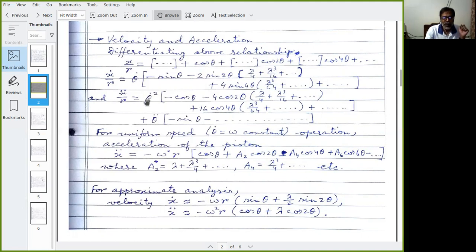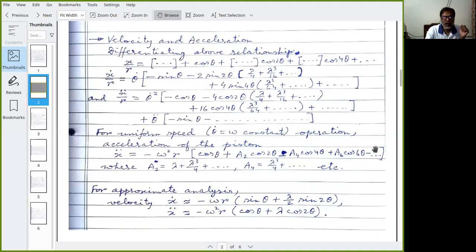And here you put omega square and get this r on this side. You take minus common outside: minus omega square r cos theta plus 4 times whatever for the A2. Then since we have taken minus outside, this plus will become minus. Then 16 times whatever for the A4 into cos 4 theta.